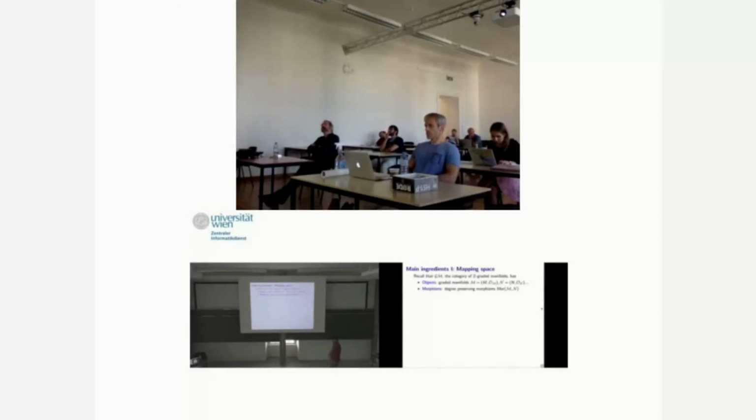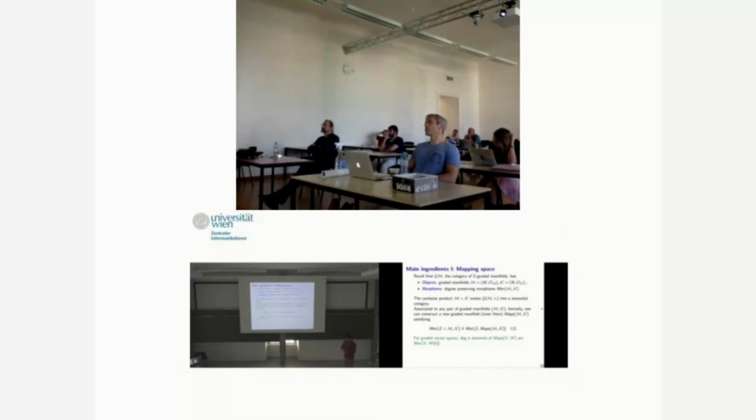The proof has just two main ingredients. One is the mapping space between supermanifolds and its adjunction property. The point is the following. The category of graded manifolds has graded manifolds as objects, and the morphisms are degree-preserving maps. In that category, I can define the Cartesian product of graded manifolds. And the morphisms satisfy a nice adjunction property.